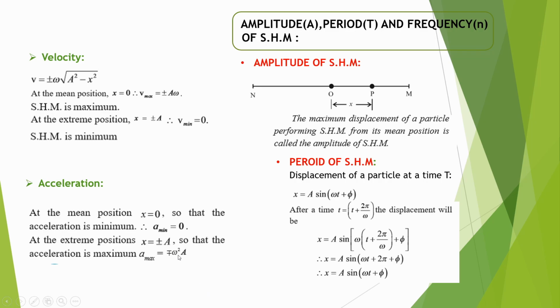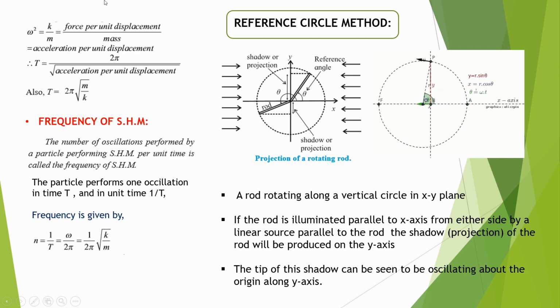Then consider T is equal to 2 pi over omega. Suppose we take omega square equal to k by m. So what is k? That is force per unit displacement, divided by mass, and force divided by mass is the acceleration. So we can write omega square equal to acceleration per unit displacement.